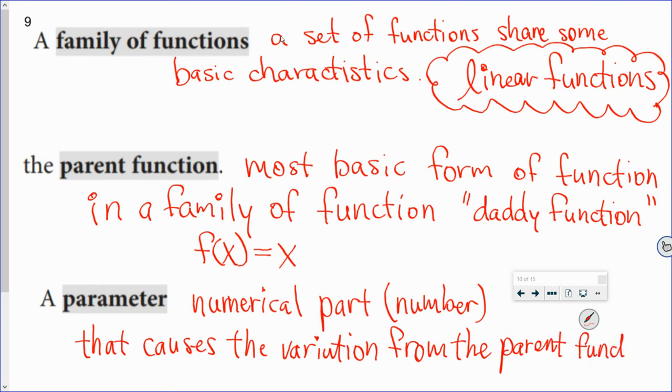In those that we've seen so far, that was where we added 3 or we multiplied x by something. The two parameters are my vertical translation, moving it up or down on the y axis, or the steepness of the line, which is that number in front of x. We've been calling it slope or constant rate of change. We've named it 2 or 3 things.